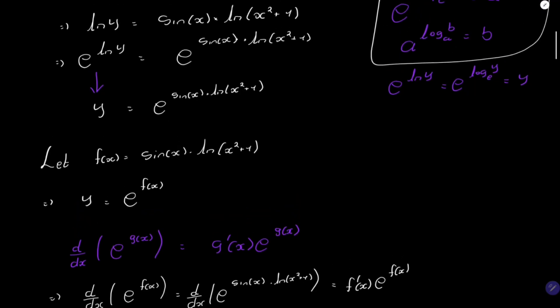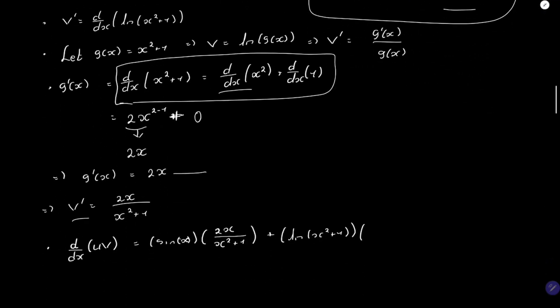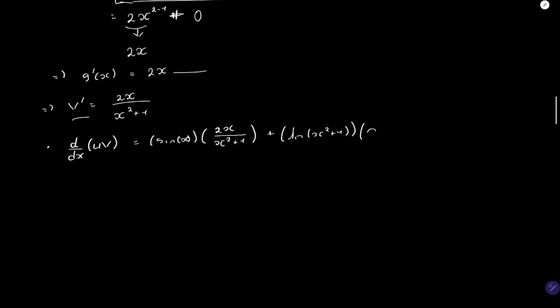And what is u prime? U prime is the function cos x. So simplifying this, we have 2x sine x over x squared plus 1 plus ln of x squared plus 1 cos x.